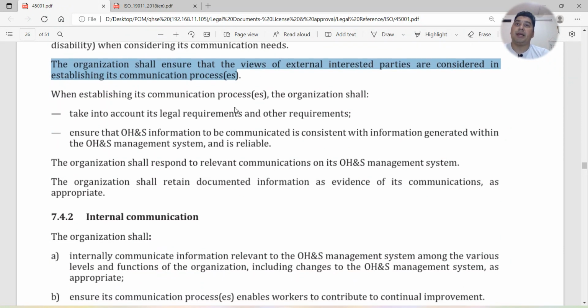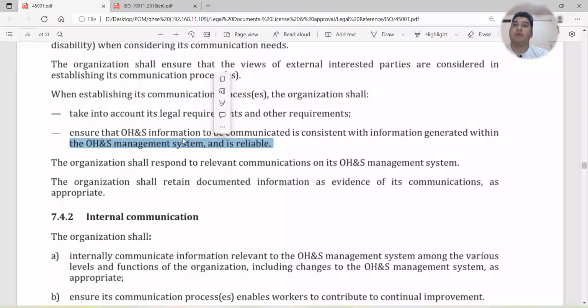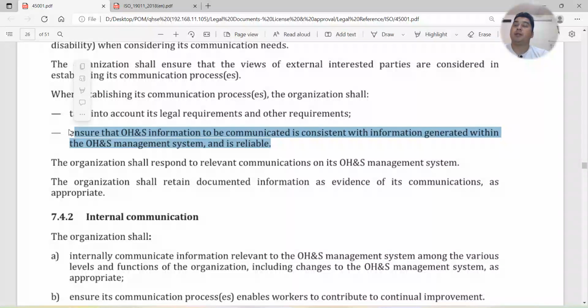When establishing its communication process, the organization shall take into account its legal requirements also and other requirements. So legal requirements also you need to consider in the process. Ensure that the OHS information to be communicated is consistent with information generated within the OHS management system and is reliable. That you need to make sure.